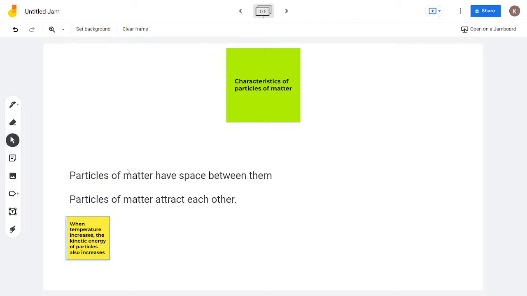When the particles of matter intermix on their own, they get into the space between the particles of the other thing. This intermixing of particles of two different types of matter on their own is called diffusion.